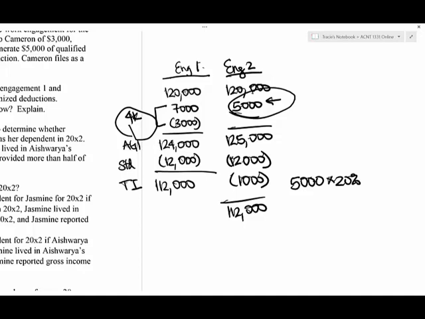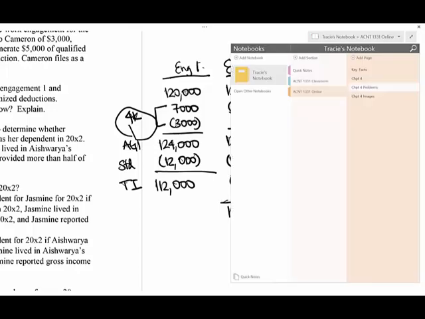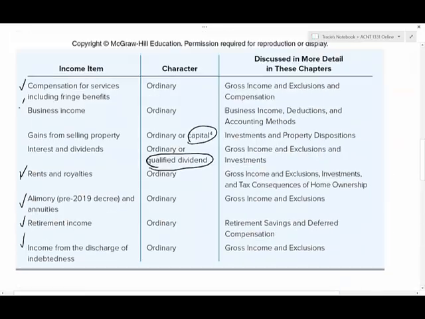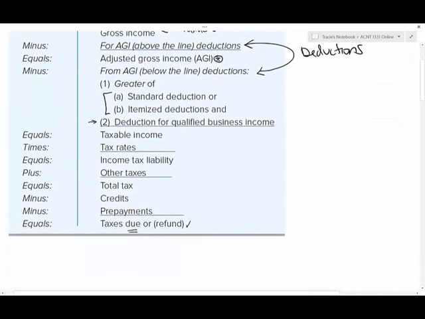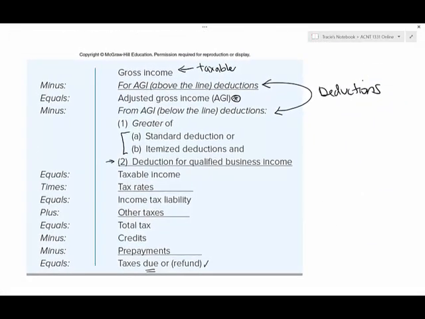Okay, let's continue by going back and looking at that tax formula again. We started with our gross income, all income considered to be taxable unless it's excluded or deferred.